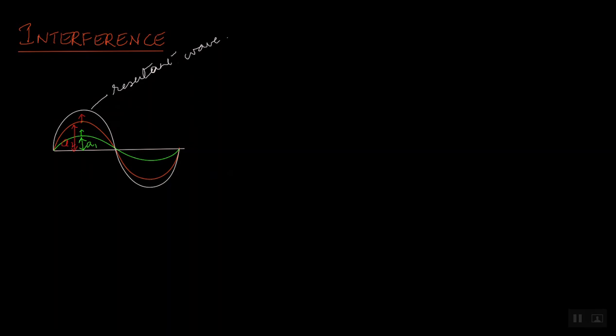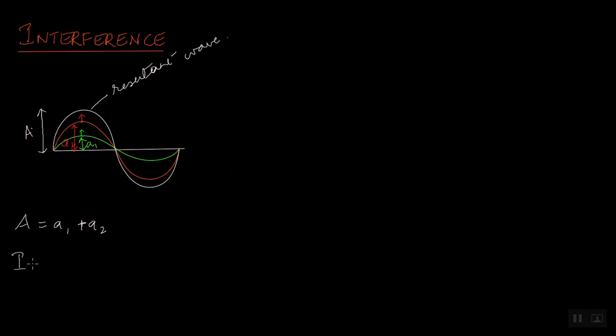And the resultant wave, you can see that its amplitude is large. Let's call this A. In fact, the amplitude here is A1 plus A2, the vector sum of these amplitudes. Because the amplitude of the resultant wave is large, what will happen?